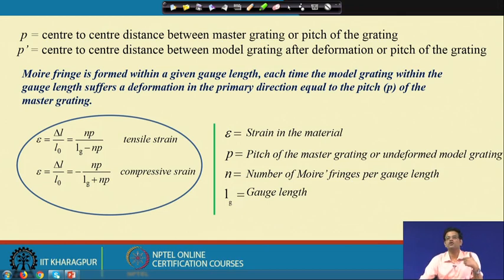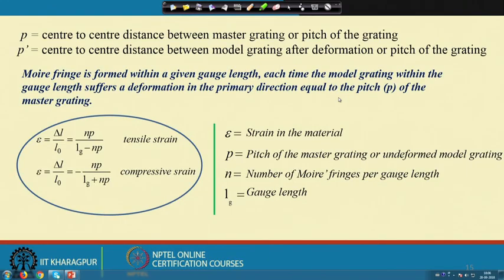Essentially, it is comparing two gratings, one master grating and one secondary grating. One is associated with the reference body, and one is associated with the model for which we will be evaluating the grating. By comparing these two gratings, we can essentially find out the strains in the body.